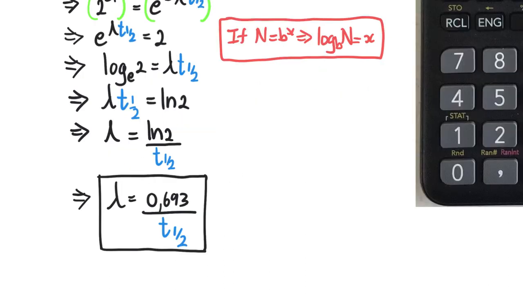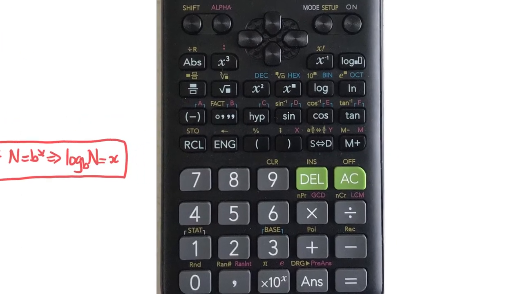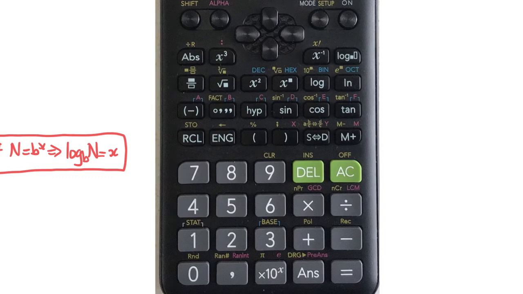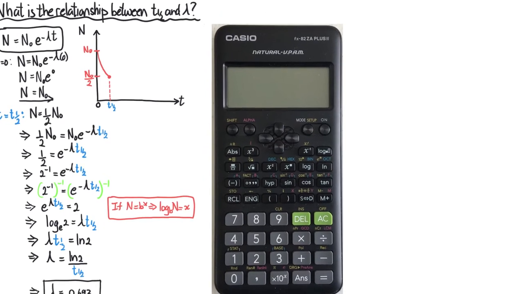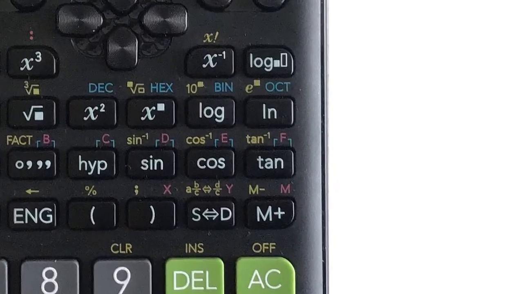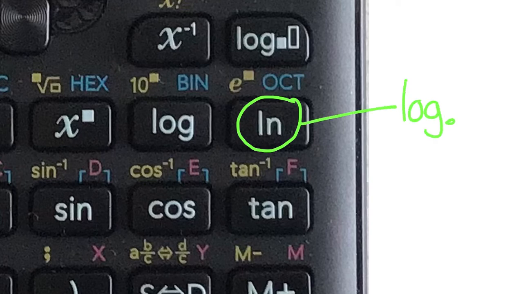Now, if we take a look at a standard, non-programmable calculator that we use at school, so this is my Casio, and we go and search for ln, we find it right here. And remember, this is log base e. This is known as the natural logarithm.